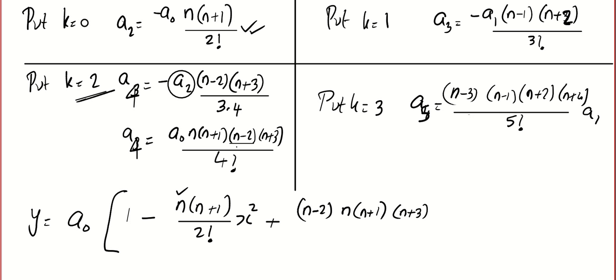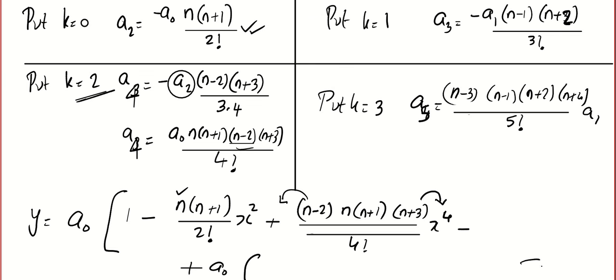You can see those numbers here, and by 4 factorial x power 4. Now it will be minus, and then you write all these things, move 2 units to the front, that will be n plus 5 and n minus 4. And similarly a1 will also have the same logic.